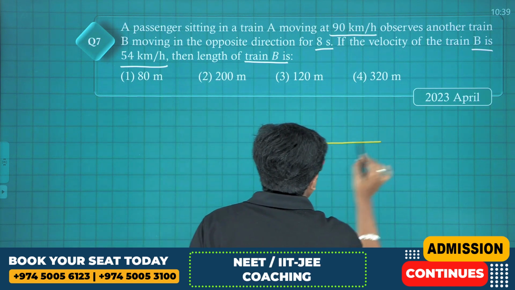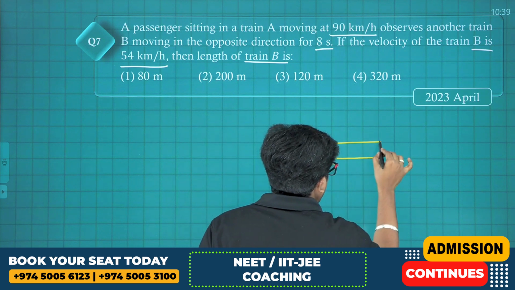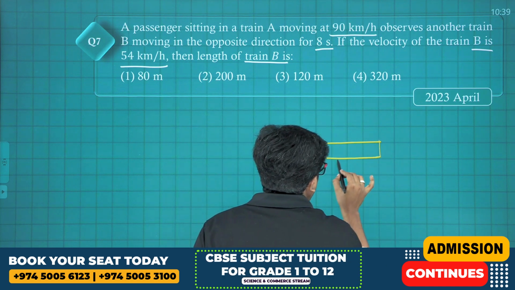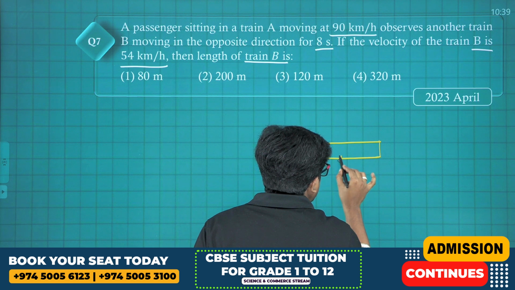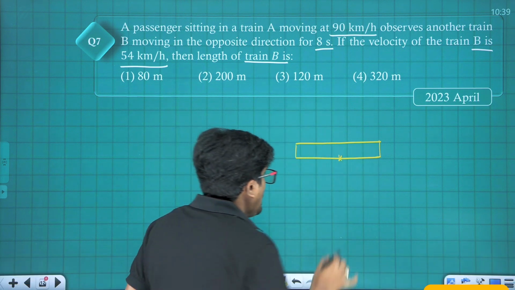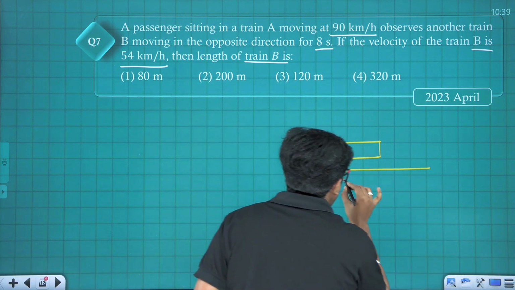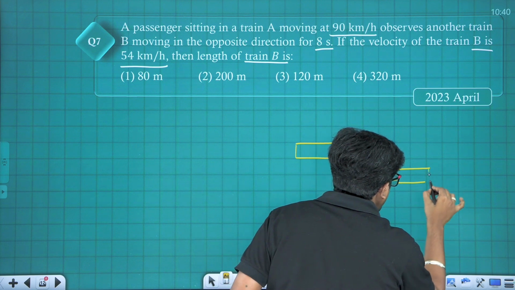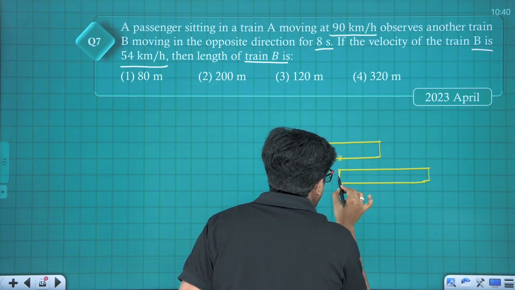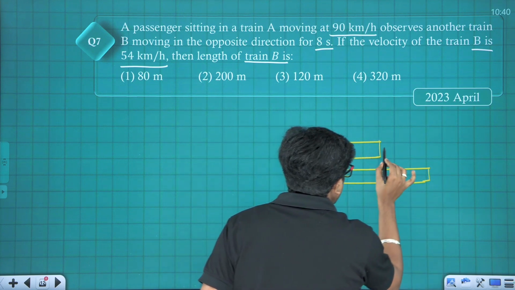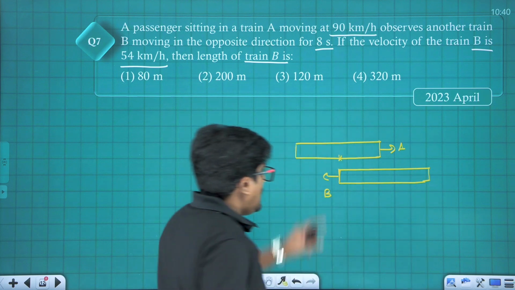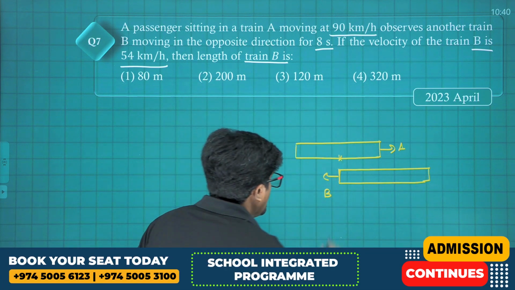Let this be train A, and let this be the position of the passenger. And the passenger sees the train B here. He sees the engine here. So here this is train B and here this is train A. So from here his observation starts.